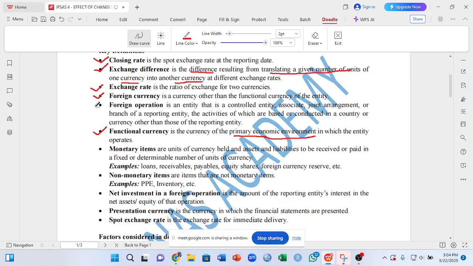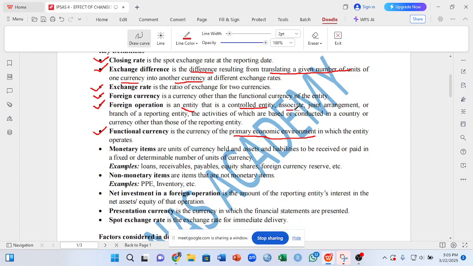Also, we have foreign operations. You may be having some entities who may be having subsidiaries or a branch of their entity in other countries. In that instance, they will be having a foreign operation. So when we talk of foreign operation, it's basically an entity that is a controlled entity.